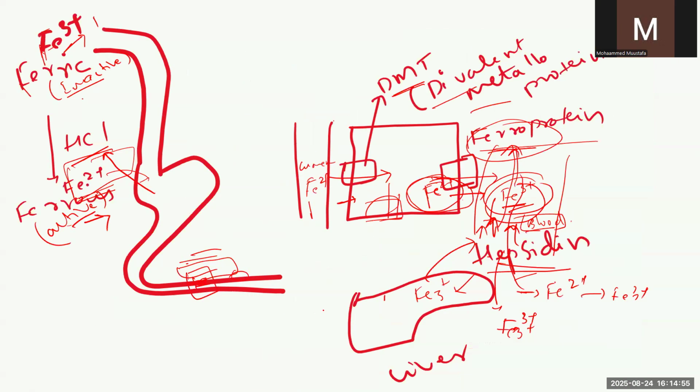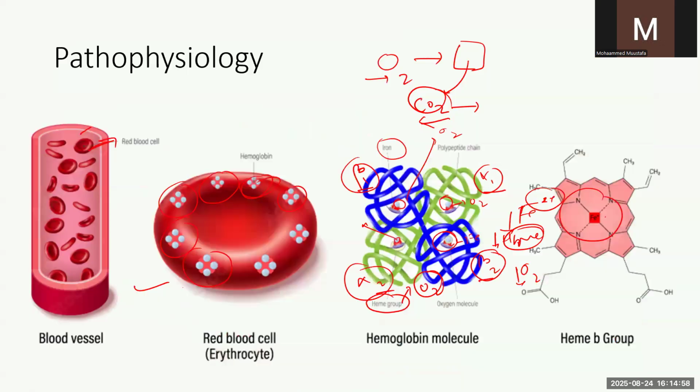So a decrease in iron causes detachment of the heme group as well as oxygen. Hence we see pallor as well as hypoxia, that is shortness of breath, dyspnea.